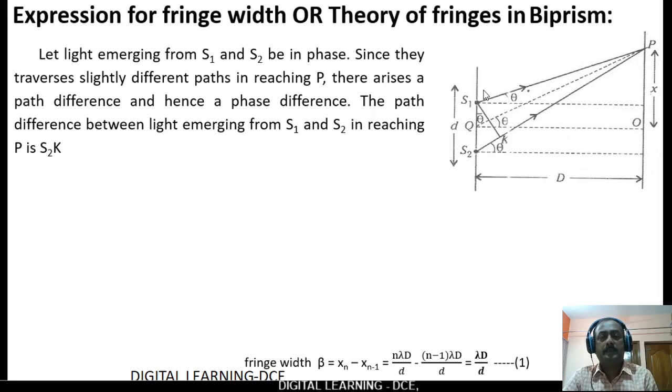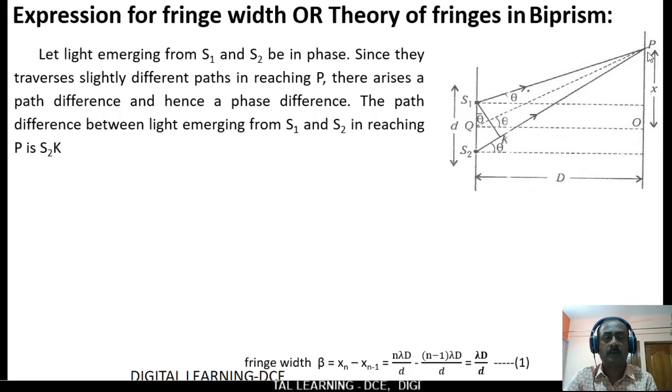The light emerging from the sources S1 and S2 is in phase, but they traverse slightly different paths in reaching the point P. The light from S1 reaches the point P and the light from S2 reaches the point P, hence they travel different paths.